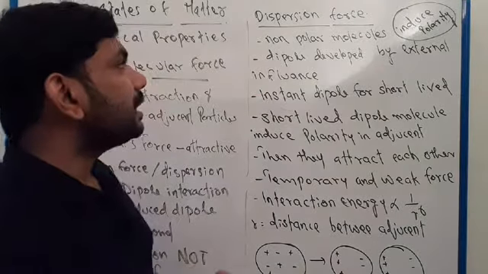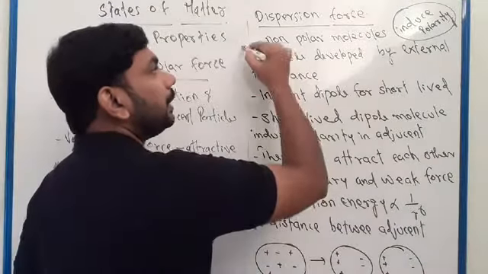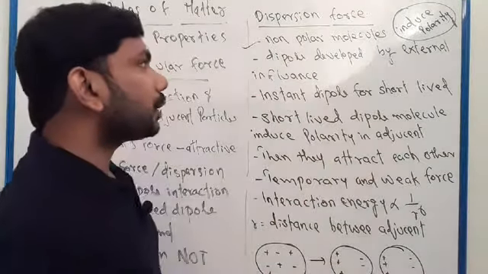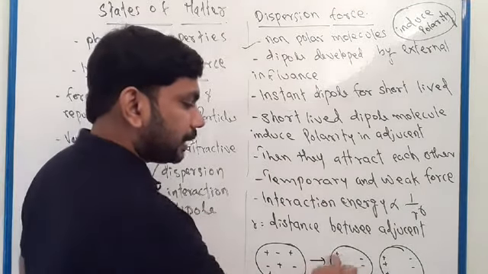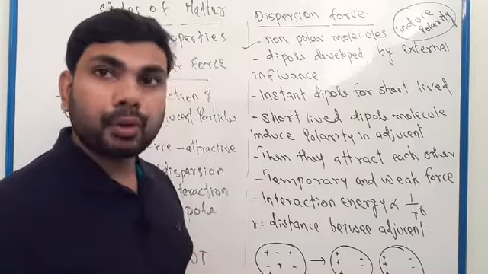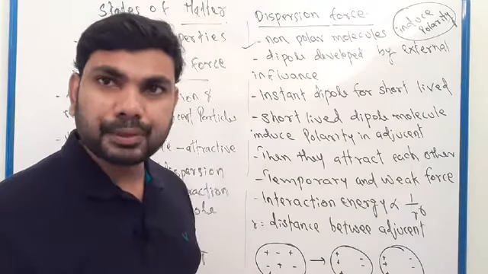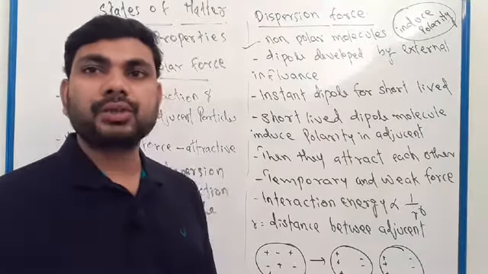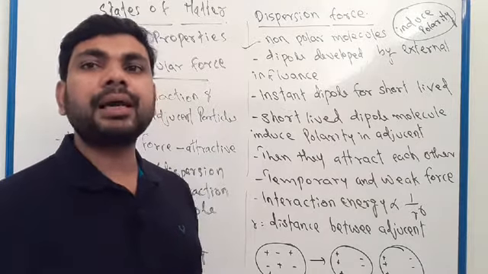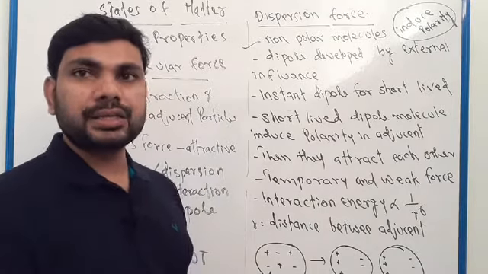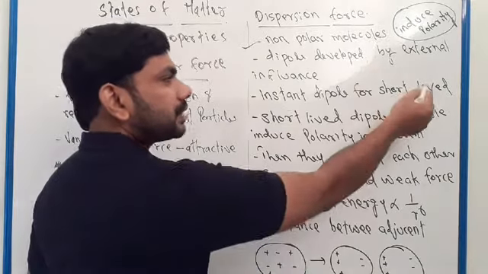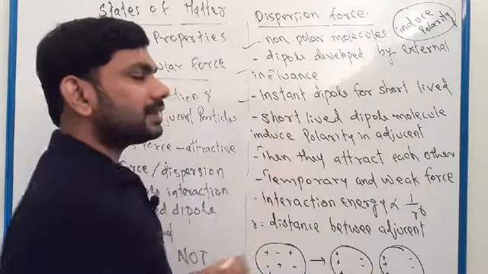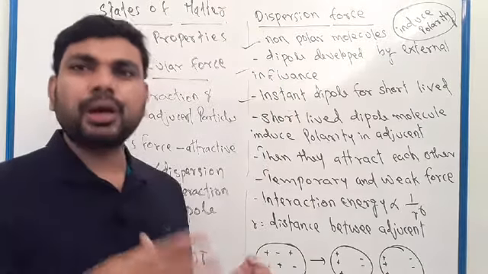Here we discuss this force of attraction happening in non-polar molecules. A dipole will be developed. Here this is dipole, or you can say polarity is developed by external influence. And this dipole is short lived, and that's why it is temporary polarity.